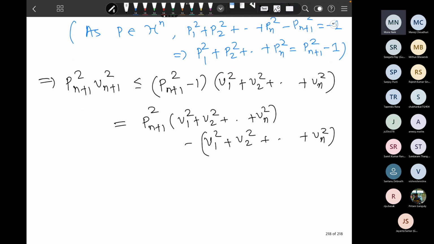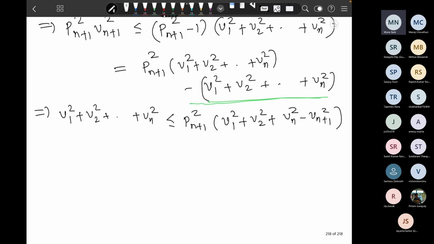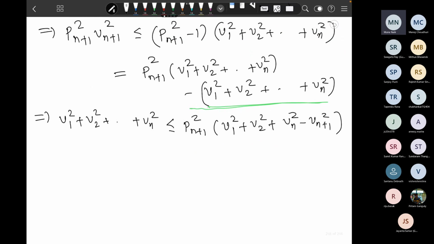Now look at this left hand thing. I will take this minus V1 square, V2 square, Vn square to the left, and whatever there is in the left I will take to the right. So I will get V1 square plus V2 square plus Vn square, so I will take the common Pn plus 1 square. So this will be V1 square plus V2 square plus Vn square minus Vn plus 1 square. Now look at this expression very carefully.